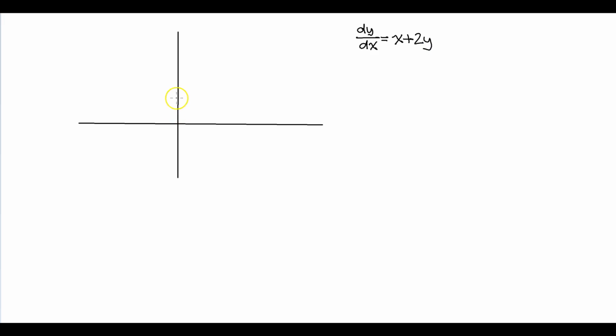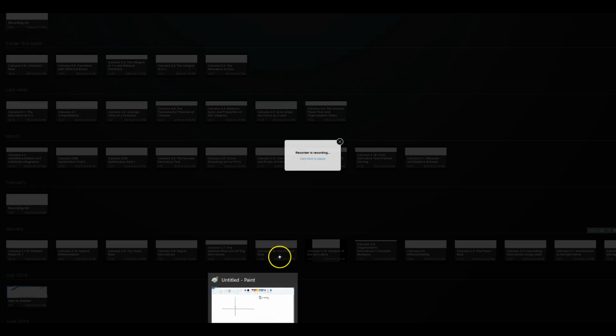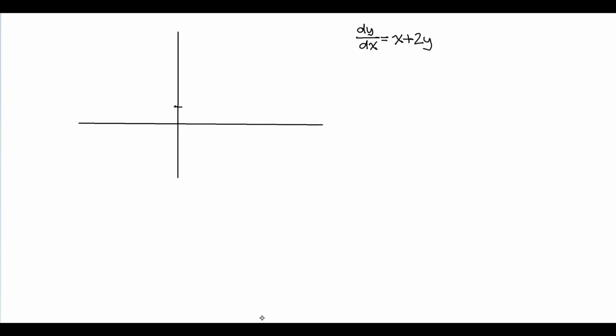So this one's a harder example, since the slope depends on both x and y. This one's a bit trickier since we can't just do the easy way out as we did before. So slope depends on both x and y at this point.